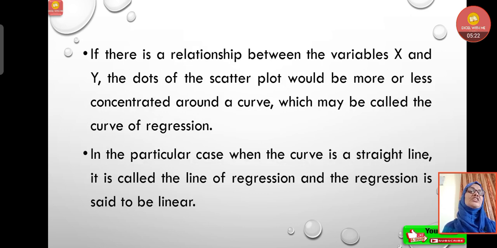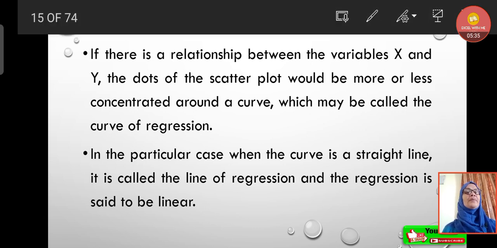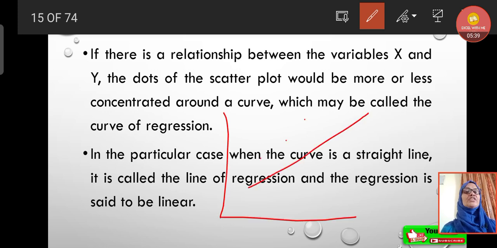Now, if there is a relationship between the variables x and y, the dots of the scatter plot would be more or less concentrated around a curve, which may be called the curve of regression. For example, if we take the curve like this, if the scattered dots are near this curve, this is called the curve of regression.